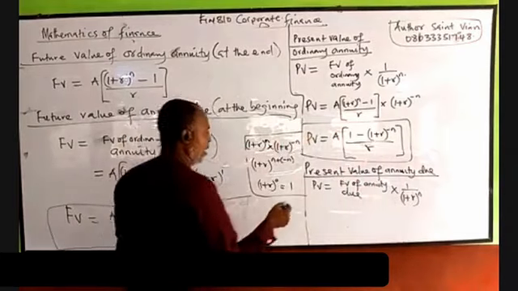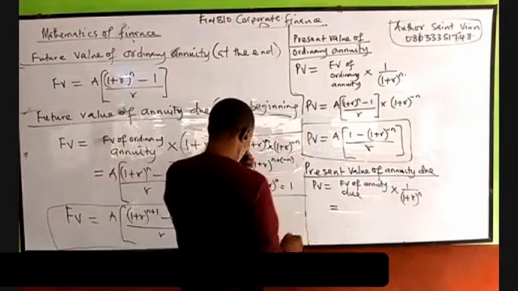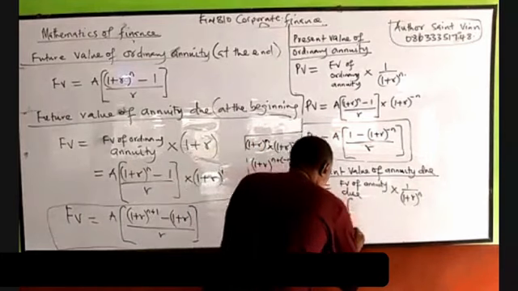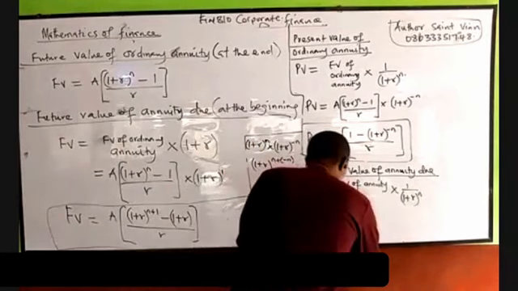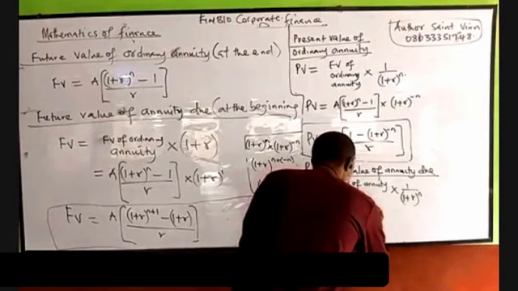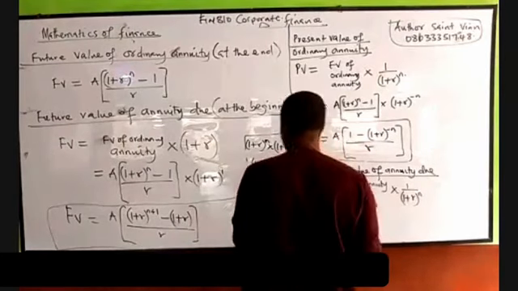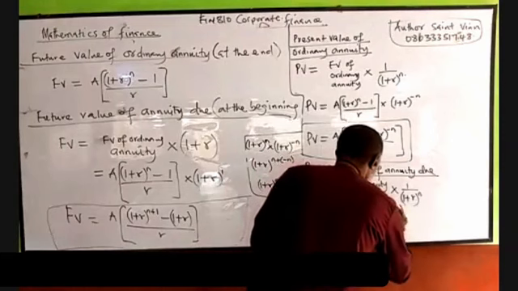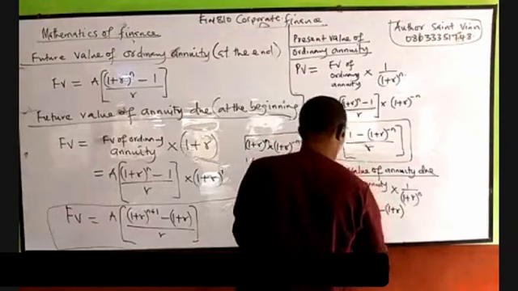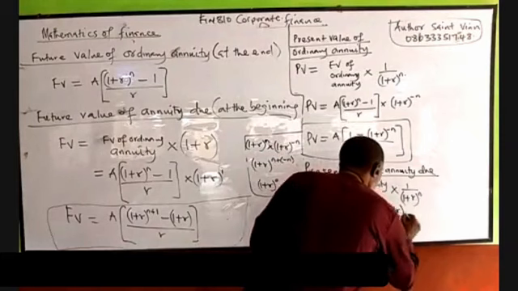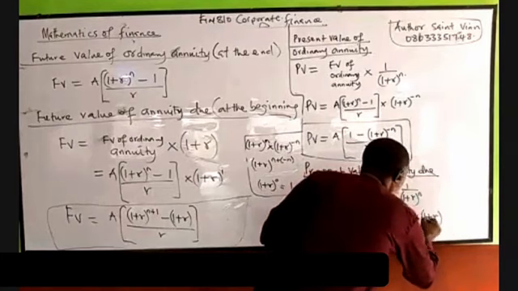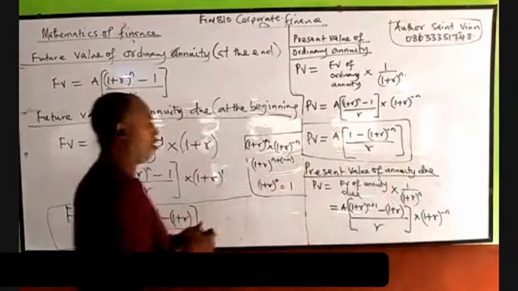So that same process, this is what we have here: A into 1 plus r all raised to the power of n minus 1 plus 1, then minus 1 plus r all raised to power 1, all over r, times 1 plus r all raised to the power of minus n, which we know very well.